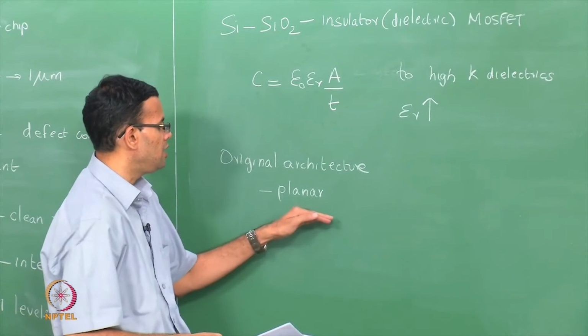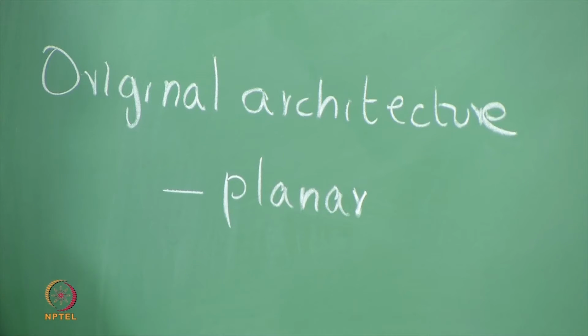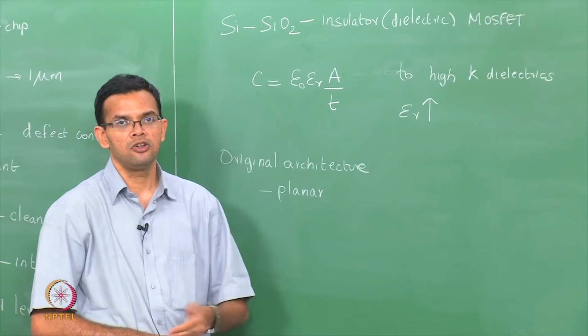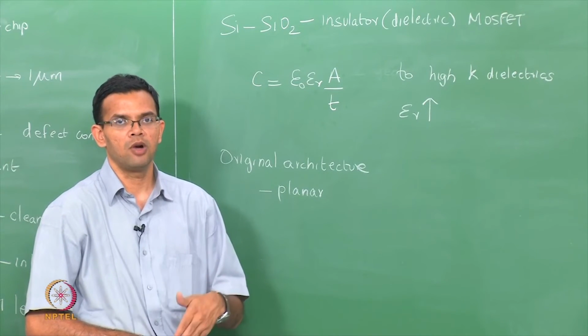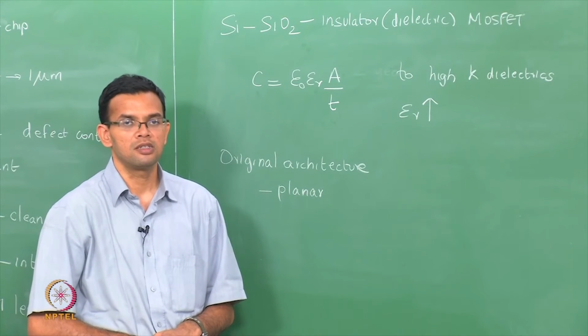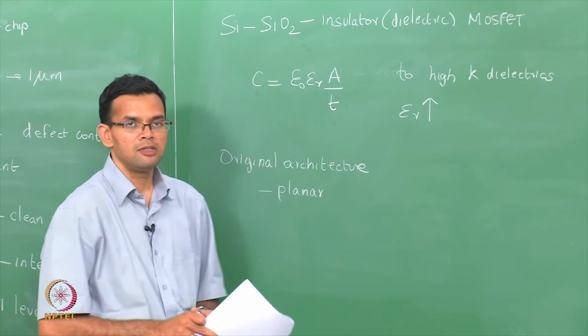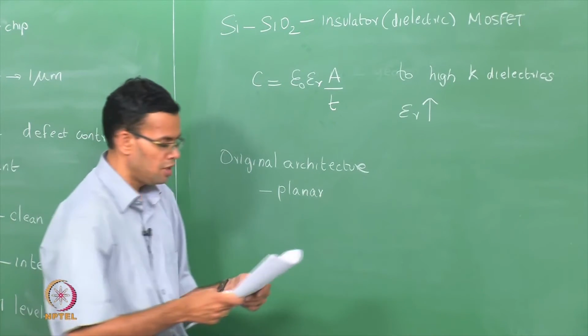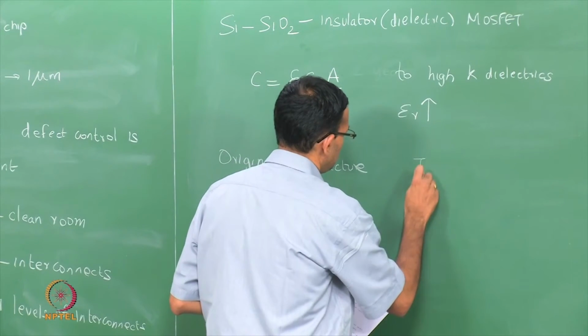But now as the size of the devices reduce, once again a planar architecture leads to a reduction in the signal to noise ratio, so that there is a large amount of reverse saturation current. So, one way to prevent that is to change the architecture. So, an example of that is your tri-gate architecture.